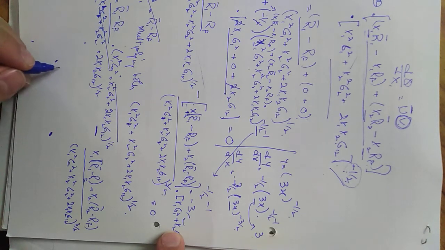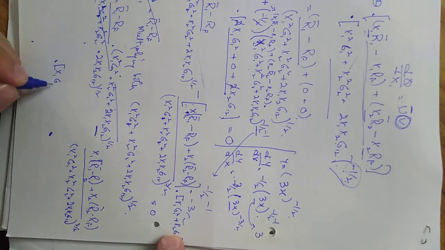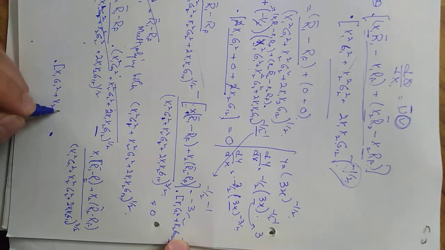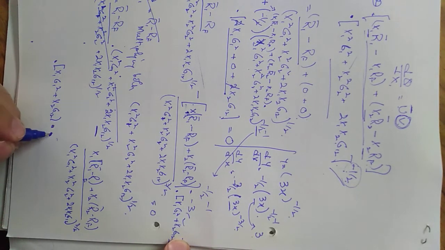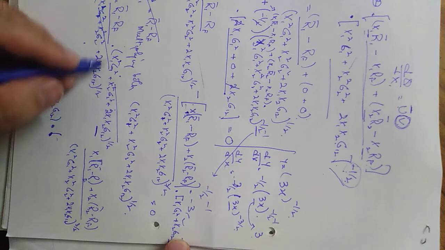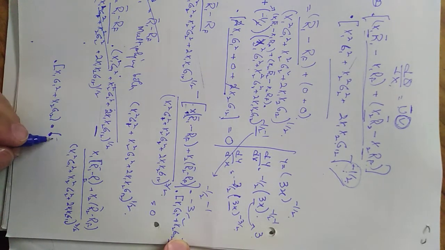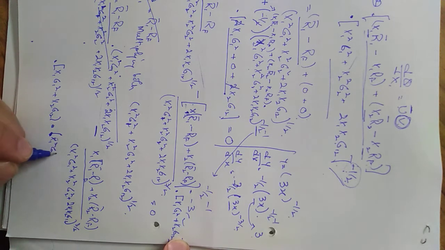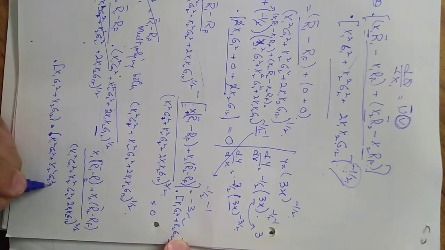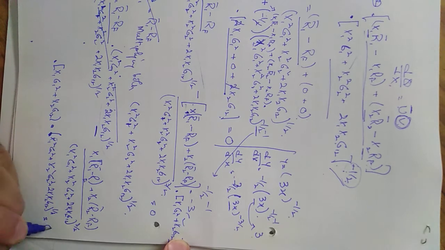I'll multiply over here by x1 variance plus x2 covariance. As I multiply the left hand side by this factor, I'll be multiplying the second half of the left hand side by this factor, and the right hand side, when I multiply by 0, it becomes 0.